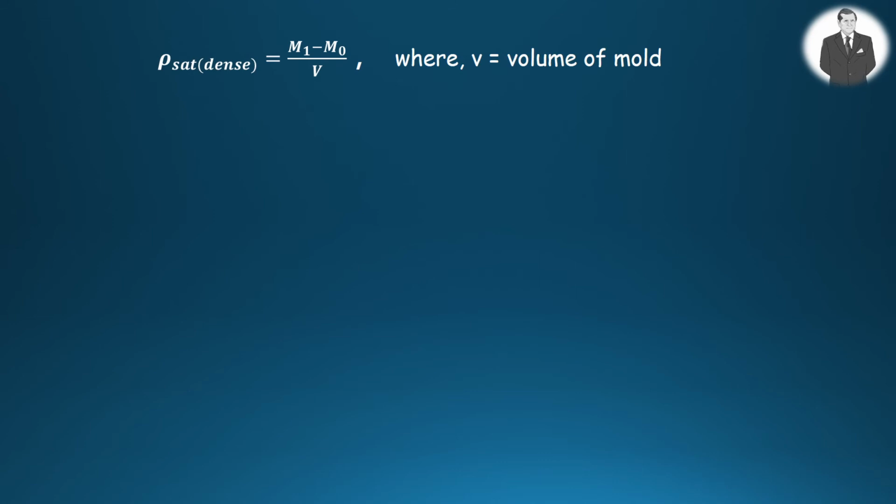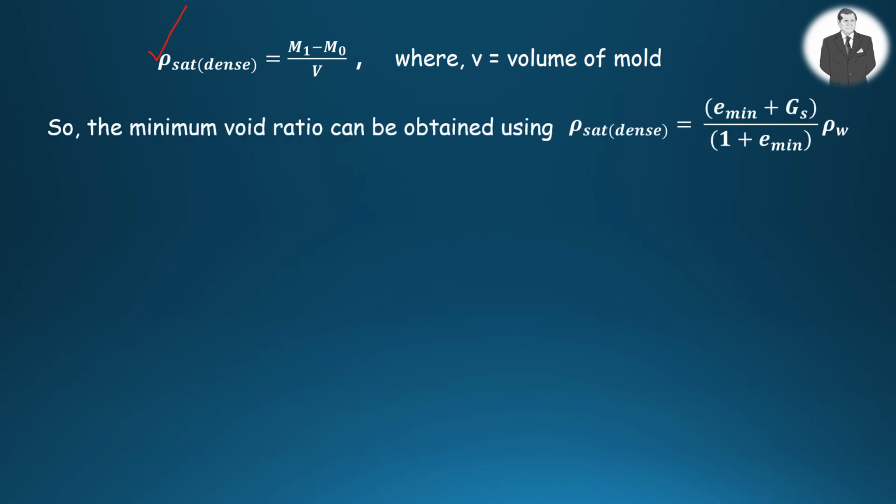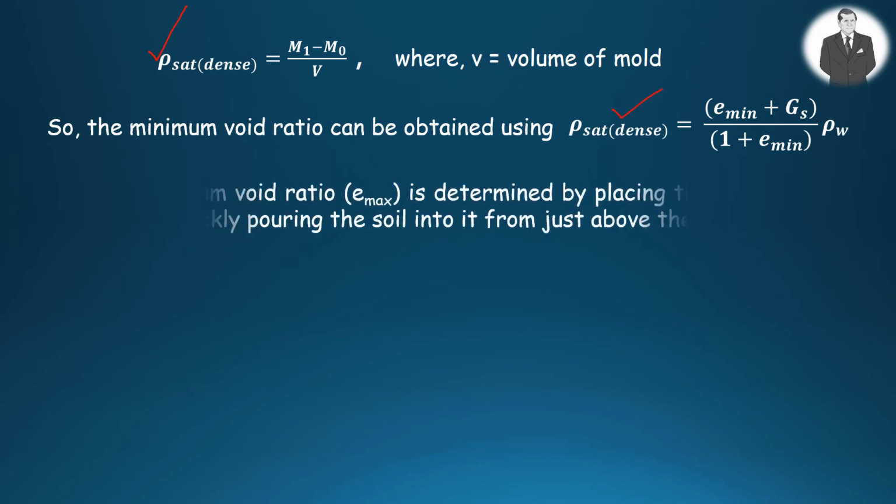From the quantities measured, we can simply calculate the saturated density of soil using this simple expression, in which V is the volume of mold. The minimum void ratio can then be obtained using this equation, the derivation of which was illustrated before.